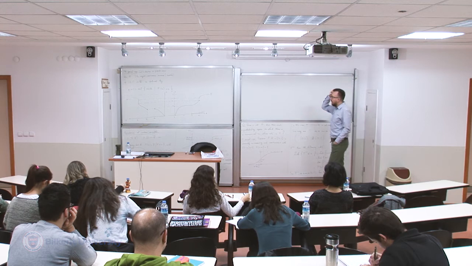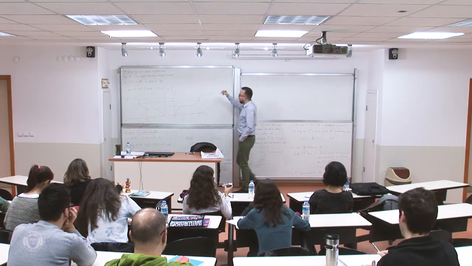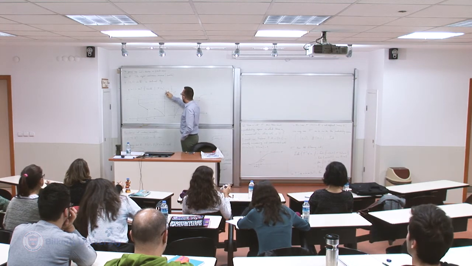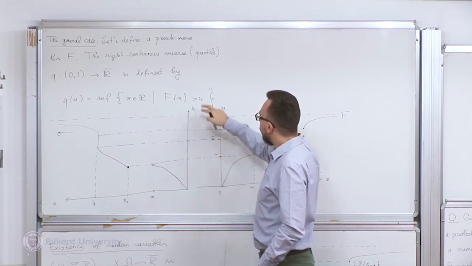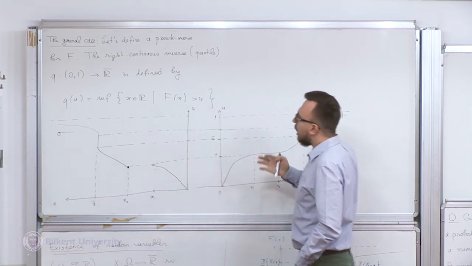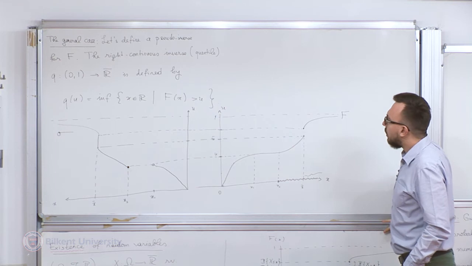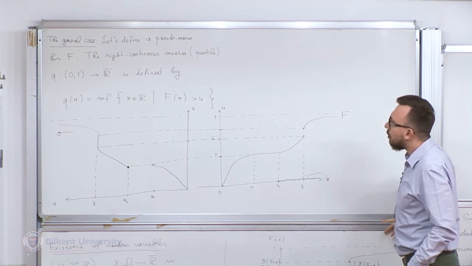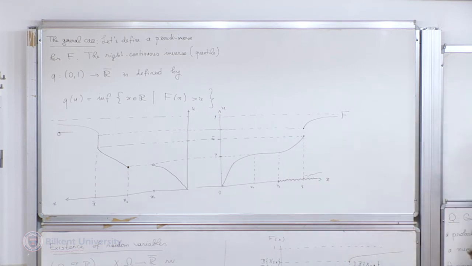So we call it the right continuous inverse. And of course, if you change it to non-strict inequality, you would get a left continuous version, I guess, if I'm not wrong. Anyway, so there is also a left continuous type of quantile, but we want a right continuous one.